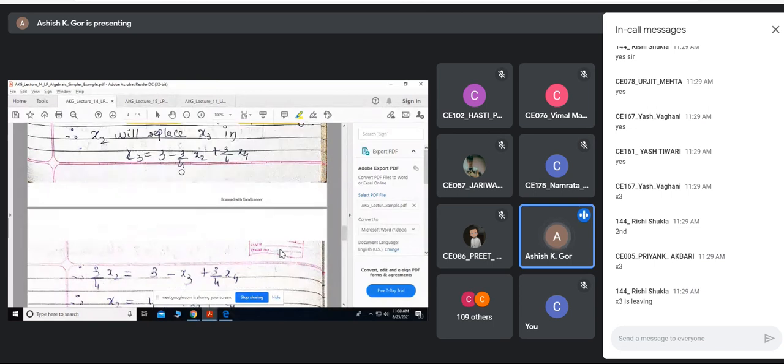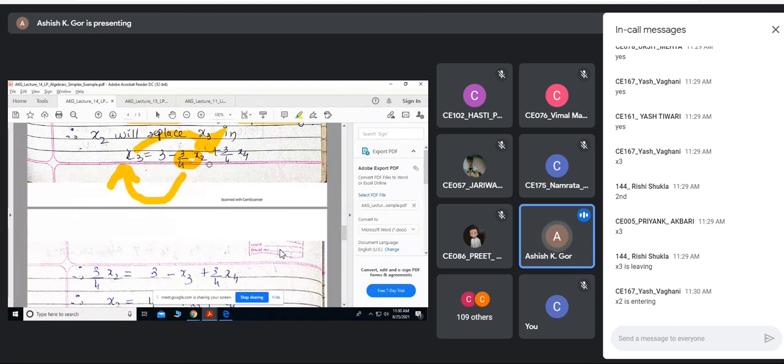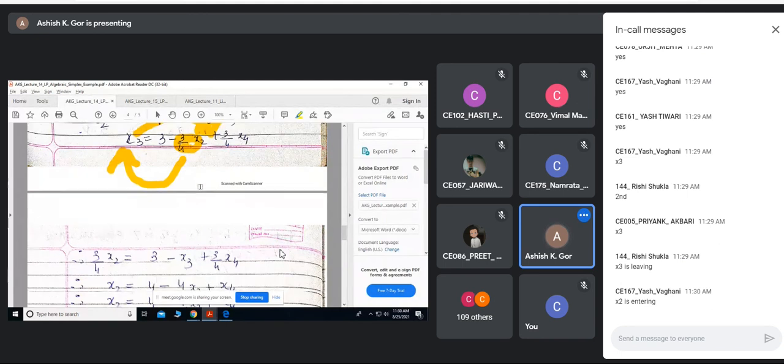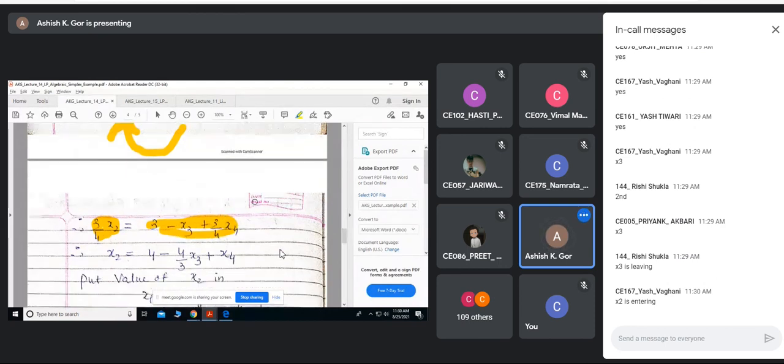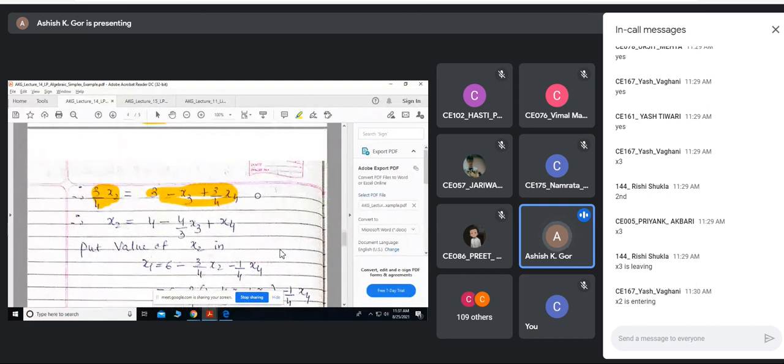If you want x2 to enter, you will take this here and you will leave x3. So this will come on the right hand side. So it will become 3 by 4 x2 equal to 3 minus x3 plus 3 by 4 x4. This is very easy.